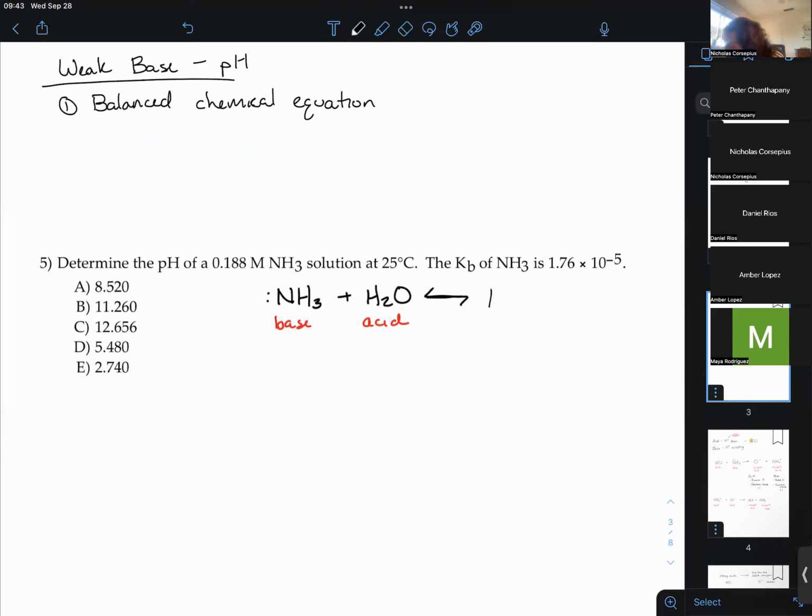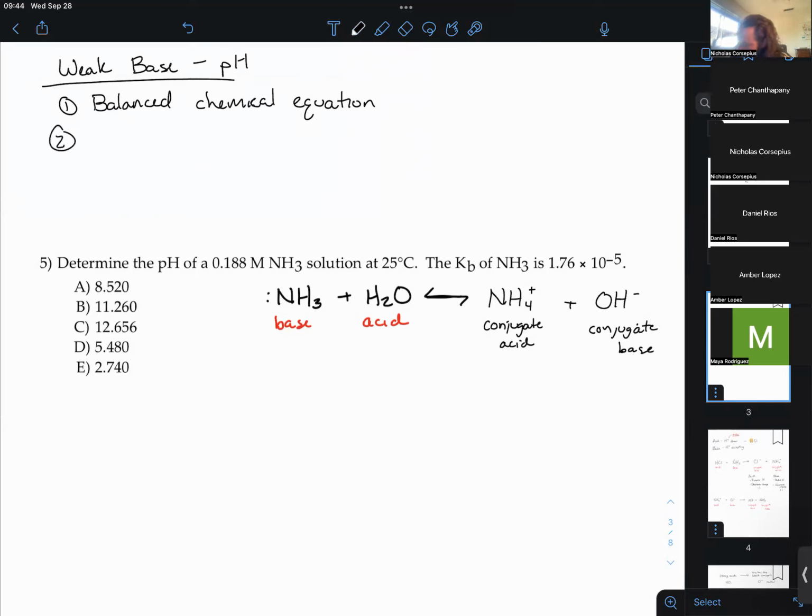So my base is going to accept a proton and turn into its conjugate acid, the ammonium ion. And what is our acid going to do? It's going to donate a proton and become its conjugate base. All right, so step one, get that balanced chemical equation.